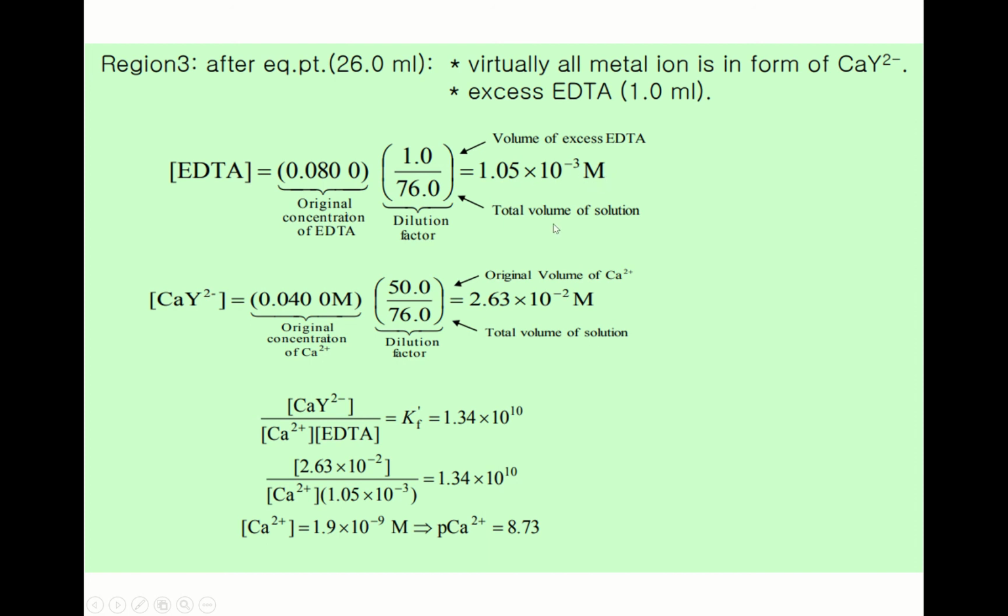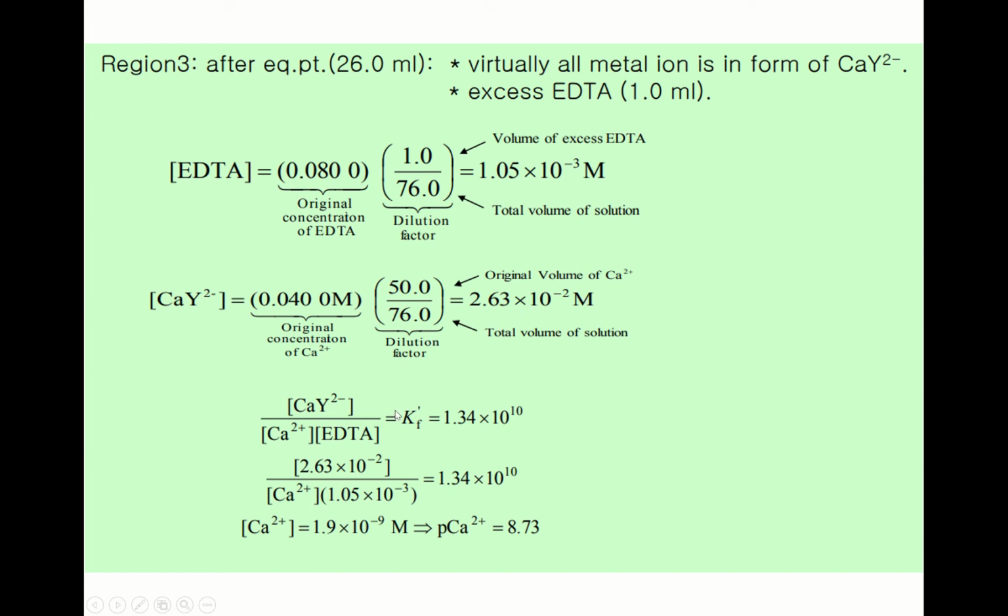This calcium-EDTA complex is also easily calculated, and we consider the volume change. The original calcium concentration, 0.04 molar, multiplied by the original calcium volume and divided by the total volume, is 2.63 times 10 to the minus 2 molar.